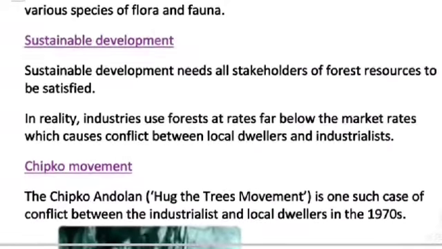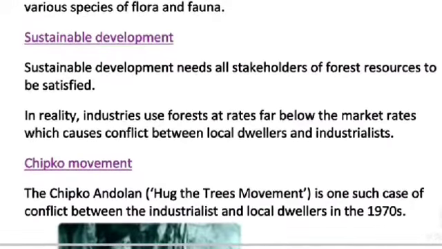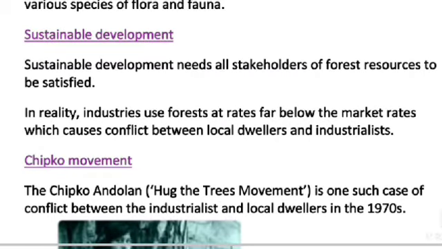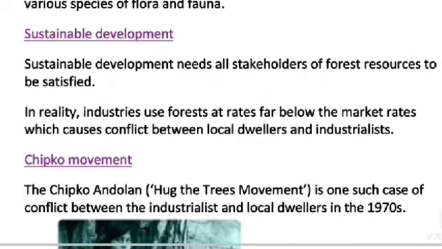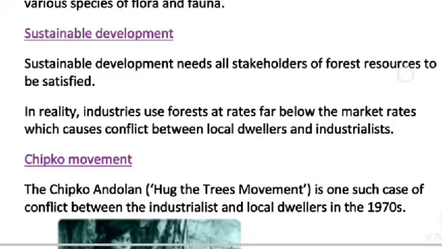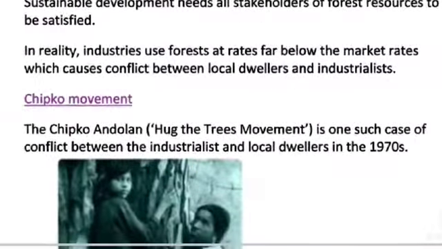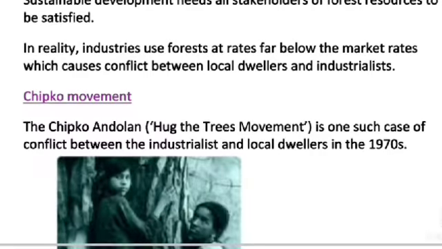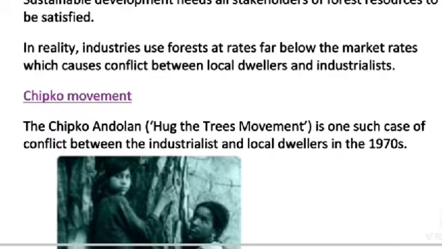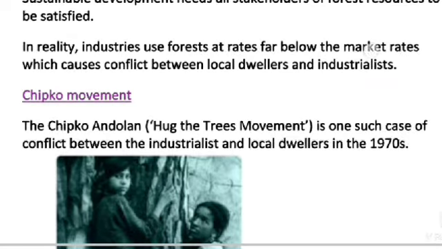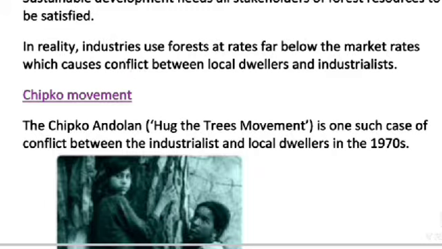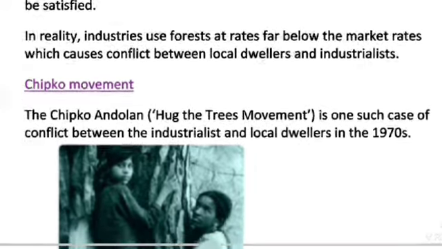Sustainable development needs all stakeholders of forest resources to be satisfied. In reality, industries use forest at rates far below the market rates, which causes conflict between local dwellers and industrialists.